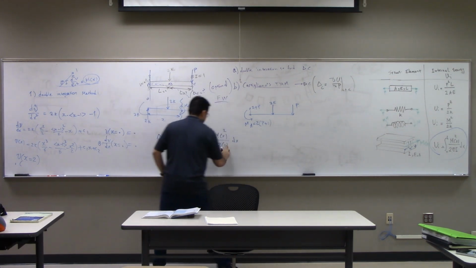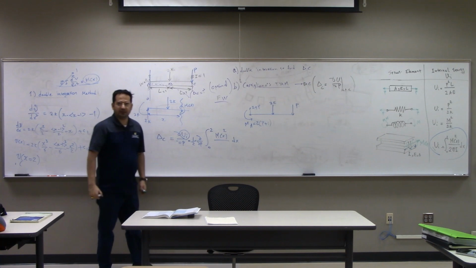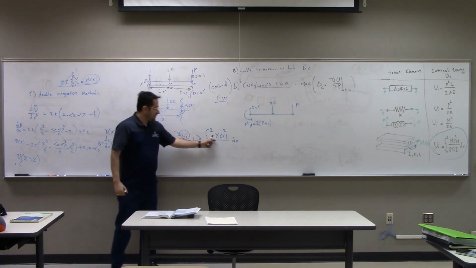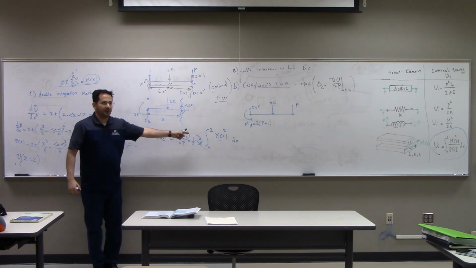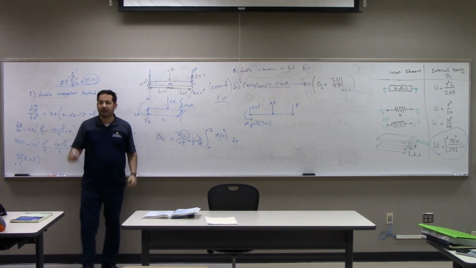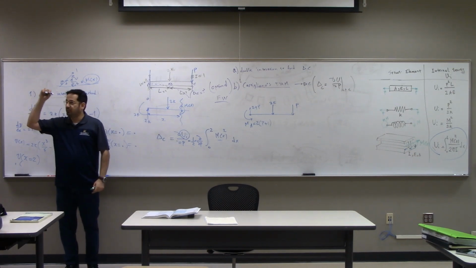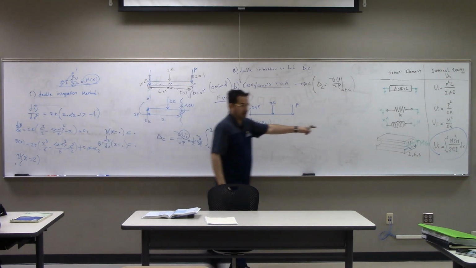Take the 2 outside, so you have 1 over 2. If you have the moment relation, plug it here, take the derivative, and evaluate this integral, you get the deflection at C. But don't forget, at the end, we should put P equal to 0, because there is no P here. We just put it to find the energy function, right?